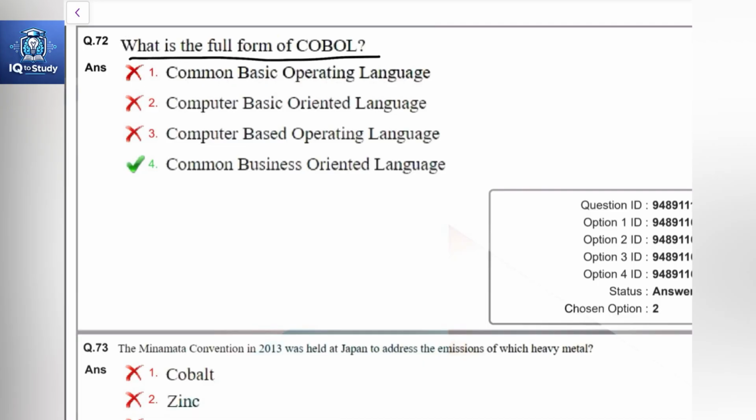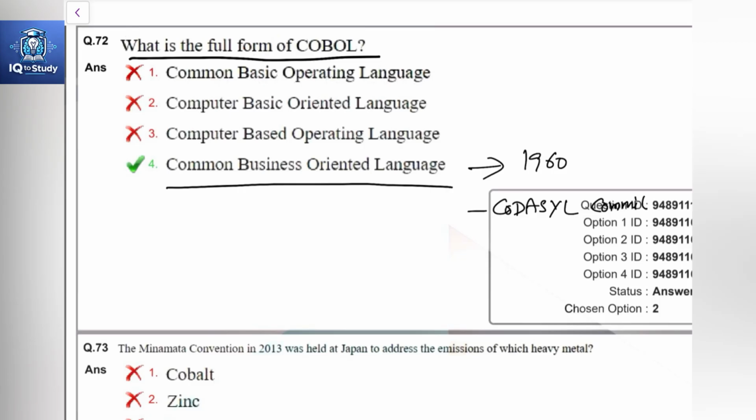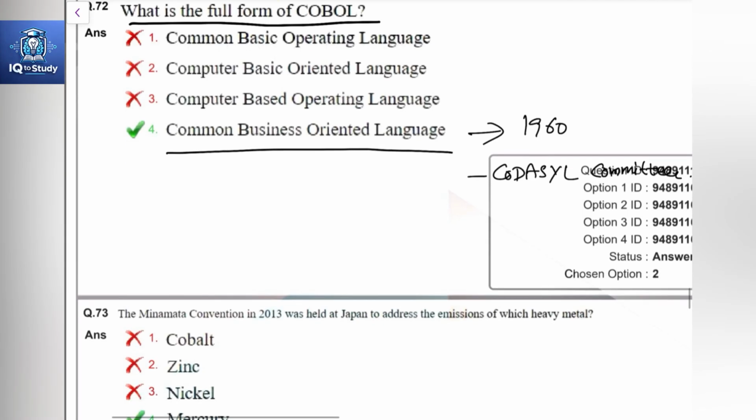What is the full form of COBOL? COBOL means Common Business Oriented Language. It was first developed in 1960 by CODASYL Committee. It is primarily useful for business-oriented applications.